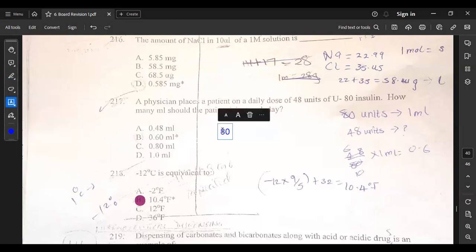Okay, we can write the formula and then we move on. Okay, so 0.6, B is the right one.